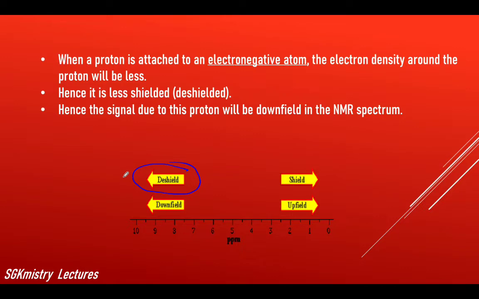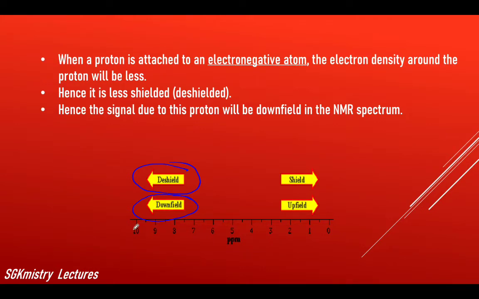Whenever the number of electrons around this hydrogen is less, we can easily say that the magnetic field will have more effect on the hydrogen, and hence the signals due to such hydrogens will be observed in the higher regions. The higher regions are named the downfield regions.